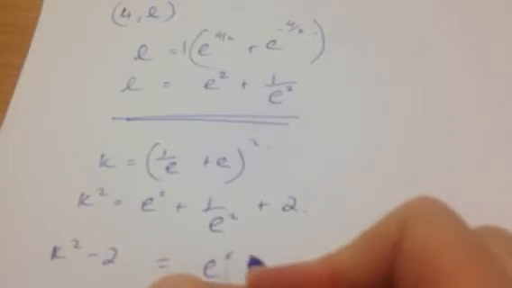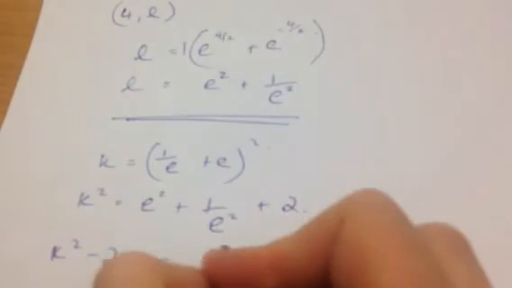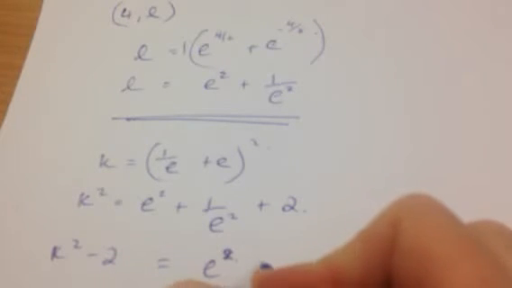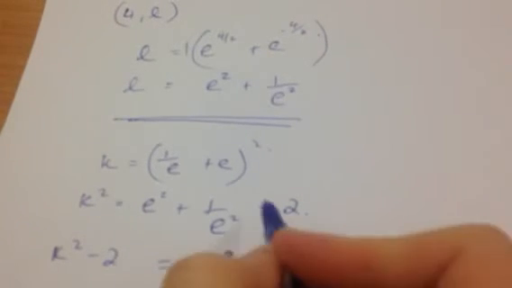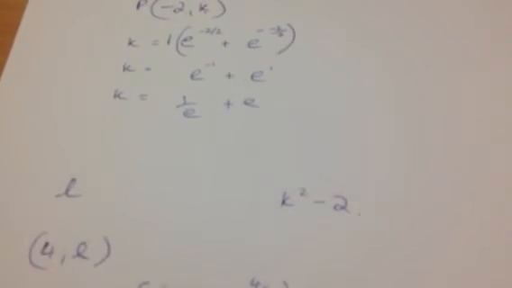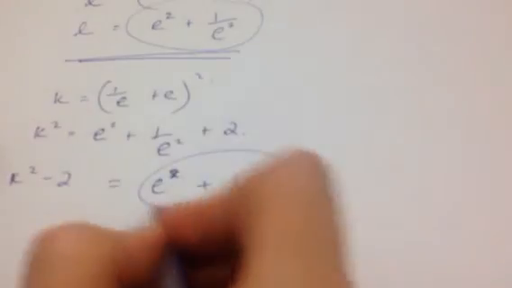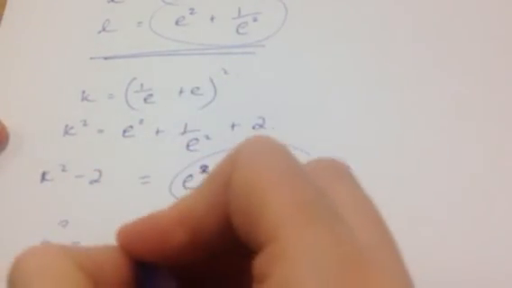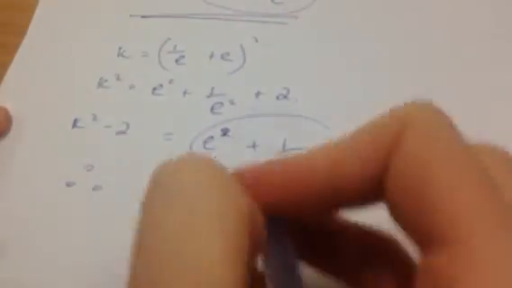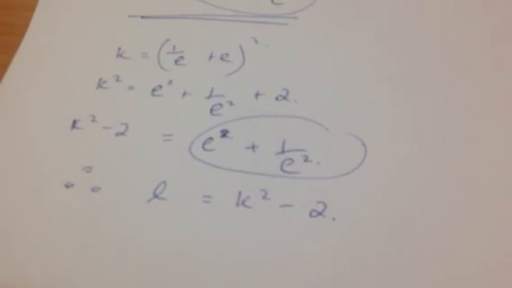And that just gives me e to the power 2 plus 1 all over e to the power of 2, because I'm losing that 2 there, which is exactly the same as what I found L to be. So therefore L is equal to k squared minus 2. And that's all of part A done.